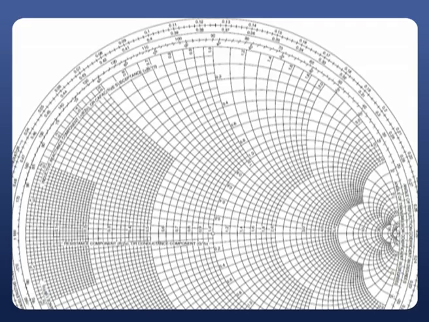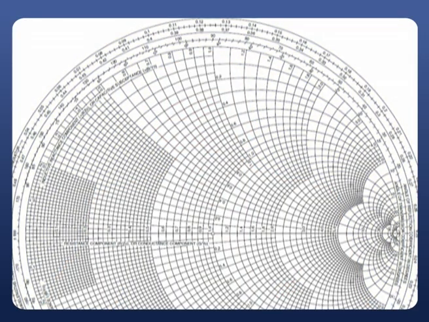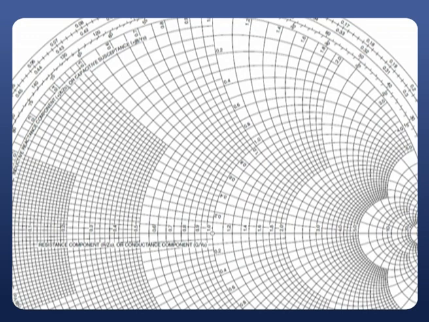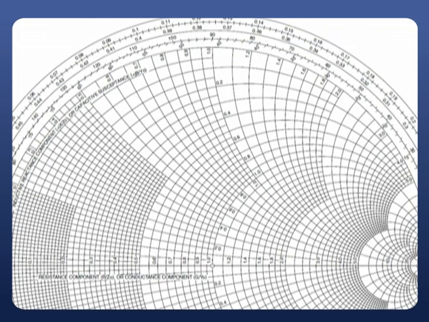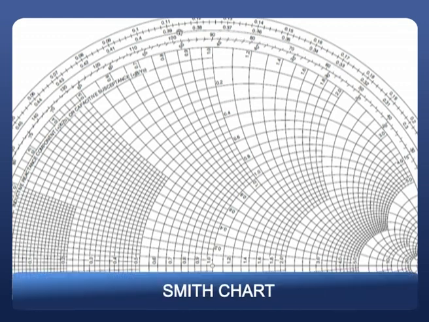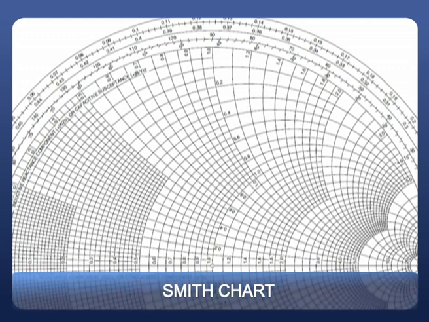Now similarly, let us consider the reverse case, that if I am moving towards load from the generator. This is the point I am considering, that is at this particular point the generator is there. From the generator I am moving towards load. Now if I am moving towards load, just observe, what happens to this lambda value? The lambda value is further increasing and it reaches 0.5 lambda.